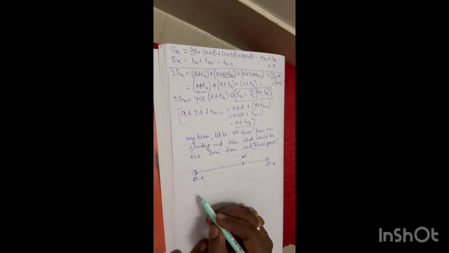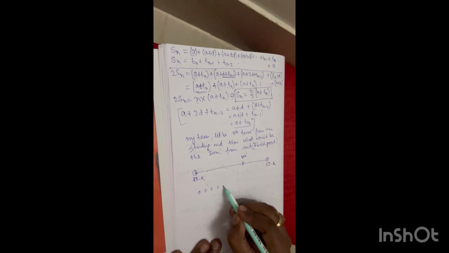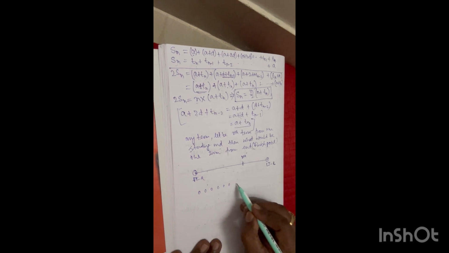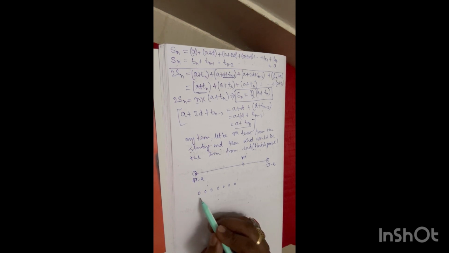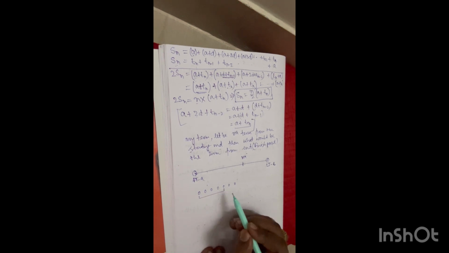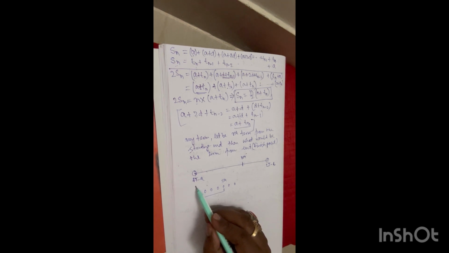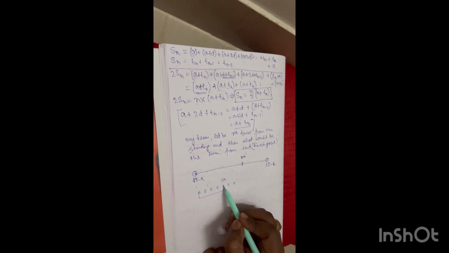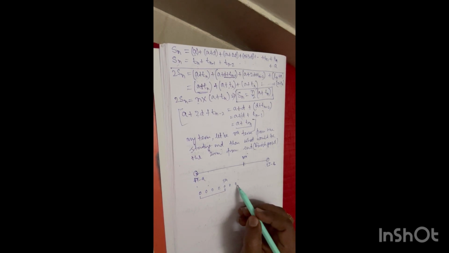Now basically, let's take a small example so that it can be easily understood. Let's say there are 7 terms, and I am talking about the fifth term from here. From the first term, it is in the fifth position, that's why it is the fifth term. Now what about from the last term?